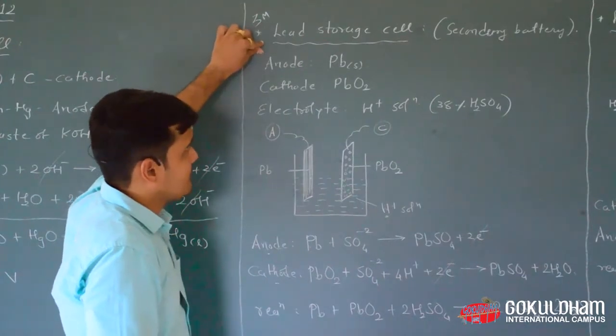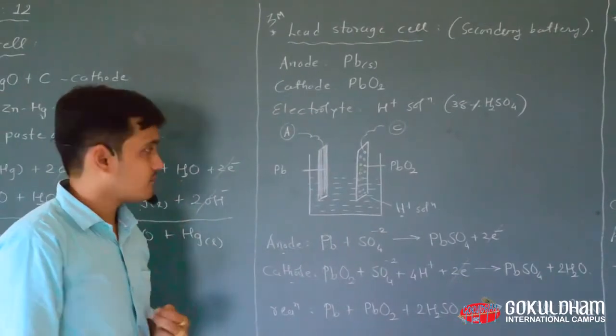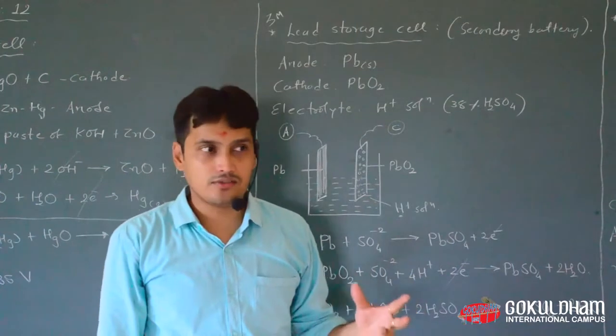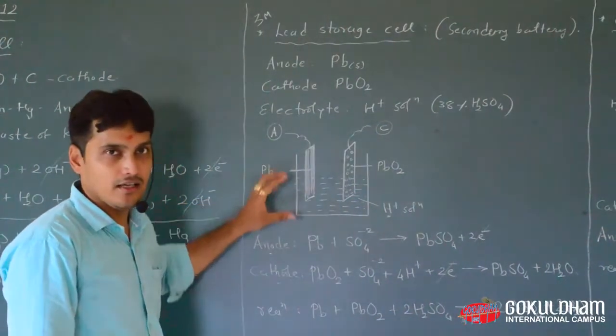The output voltage of this cell is 2 volts. In our bikes, cars, trucks or buses, we use this lead storage cell as a battery.